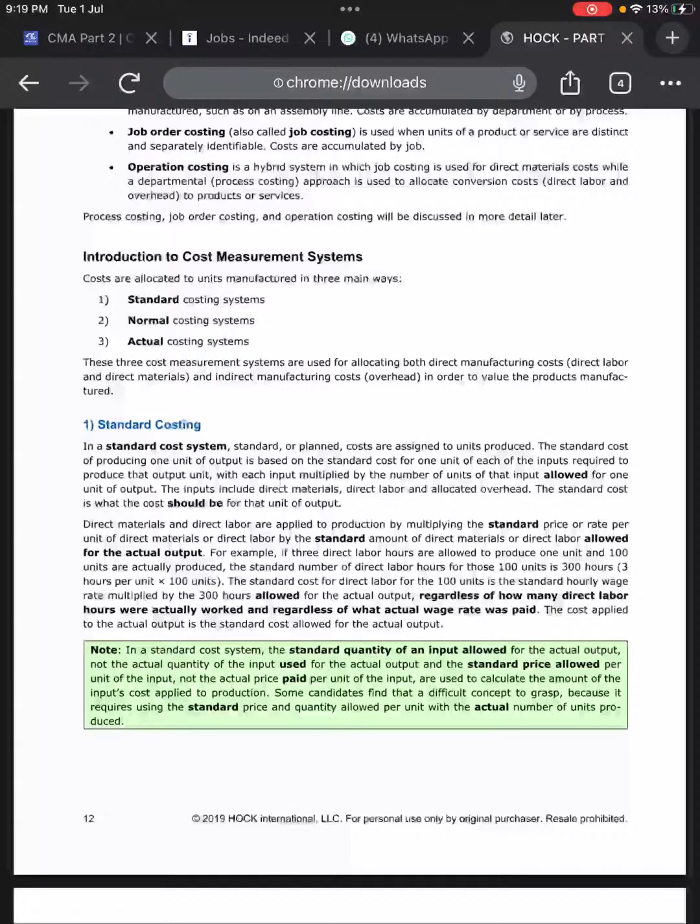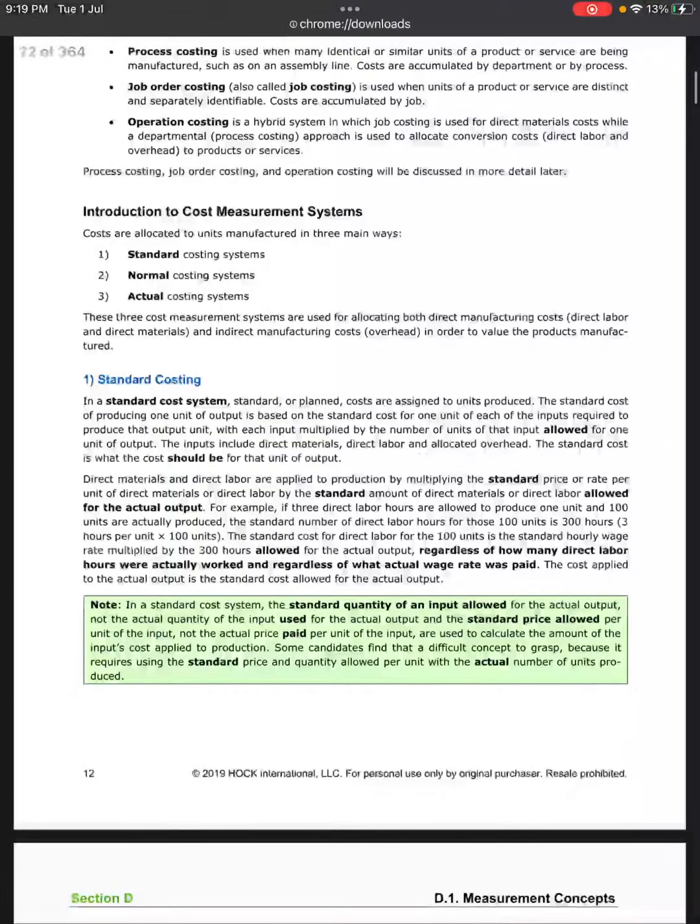Standard costing means that is also called budgeted costing. Okay. Standard costing we measure on the basis of standard rate and standard quantity. And normal costing, we take direct labor and direct material on actual cost basis, and factory overhead, manufacturing overhead, will be on the base of the applied overhead rate method.